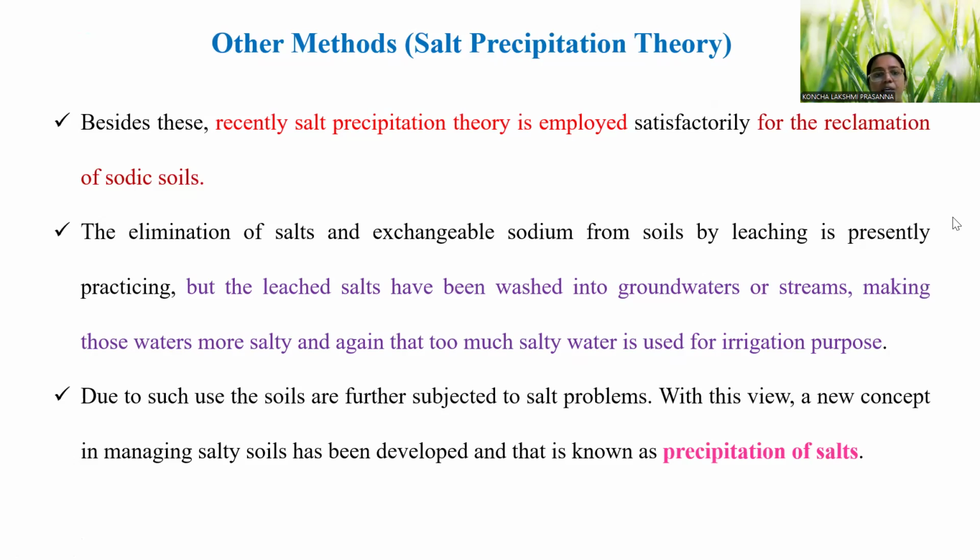The salt precipitation theory helps in leaching down the salts below the groundwaters or streams, making the water less salty, thereby reducing sodicity or the formation of alkali soils.